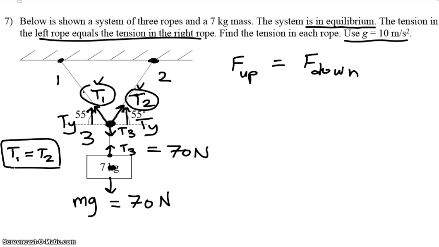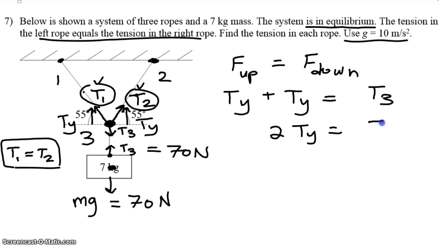So let's look at our picture and add up all of the y forces acting at this intersection, this big point here that I keep going over. What are the forces acting up at that point? Well, there's T1 pulling up with its y component. And then there's T2 pulling up with its y part. And those two y components are equal, so we combine them as Ty. At this big point here, the only thing pulling down is T3.